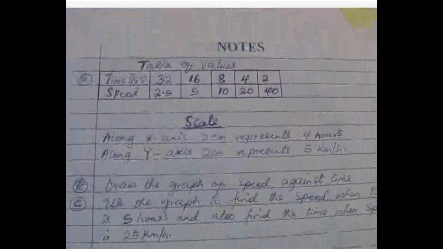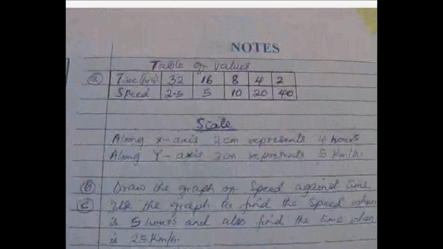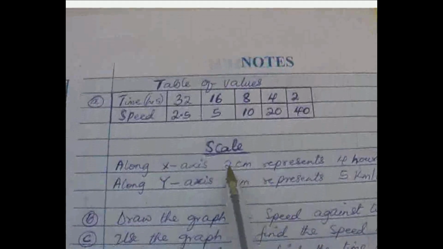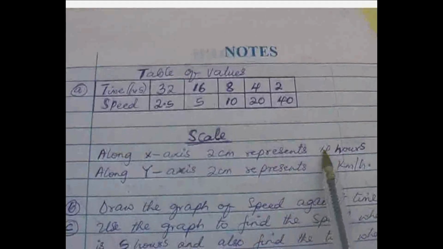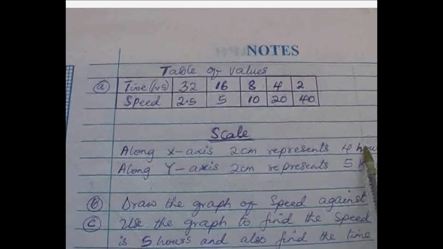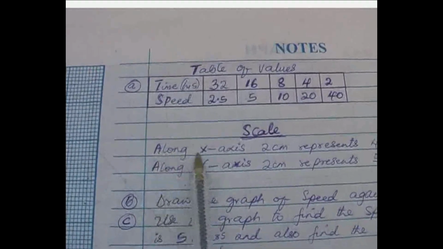In calibration of your graph paper, you must consider the scale you chose and your table of values. We have chosen that 2 cm represents 4 hours along the x-axis.